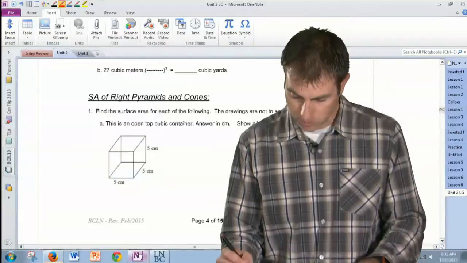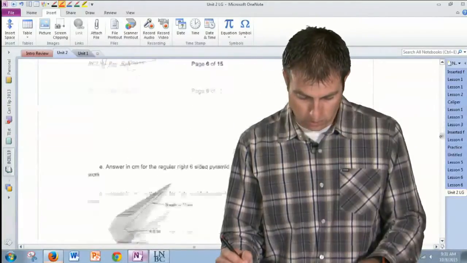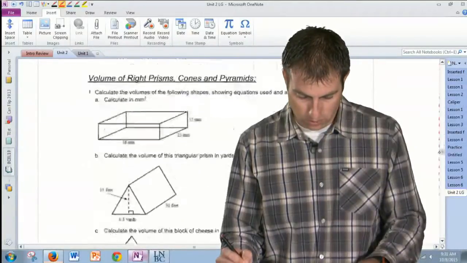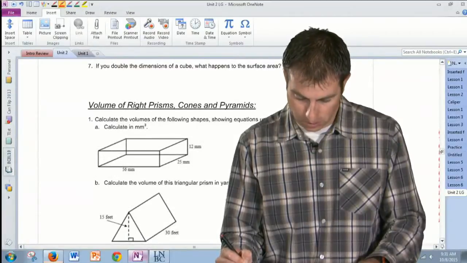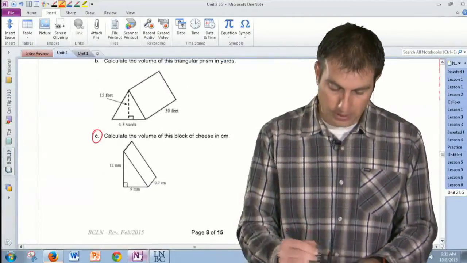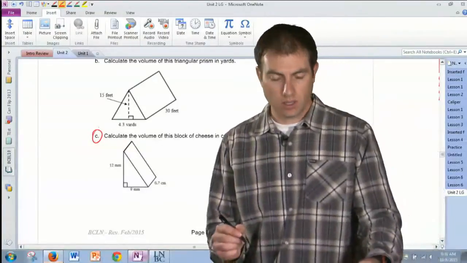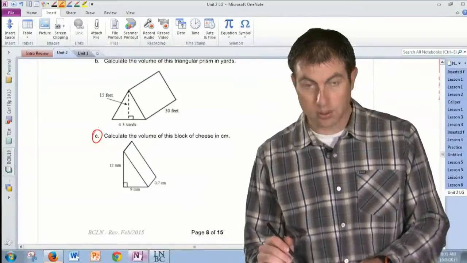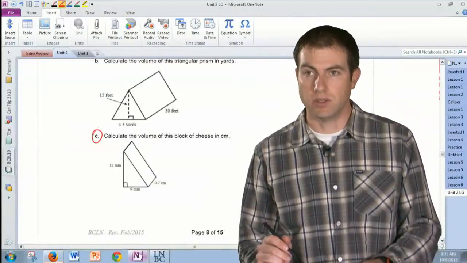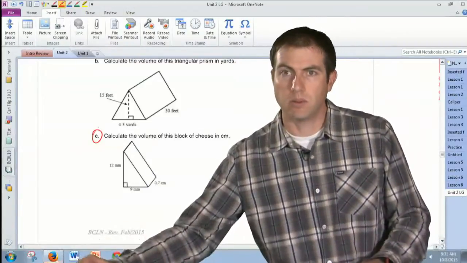Volume of right pyramids and cones. 1C, A, B, C. Is that the one we're talking about, Alex? Calculate the volume of this block of cheese. Doesn't really look like a block of cheese to me, but I'll take what we can get.